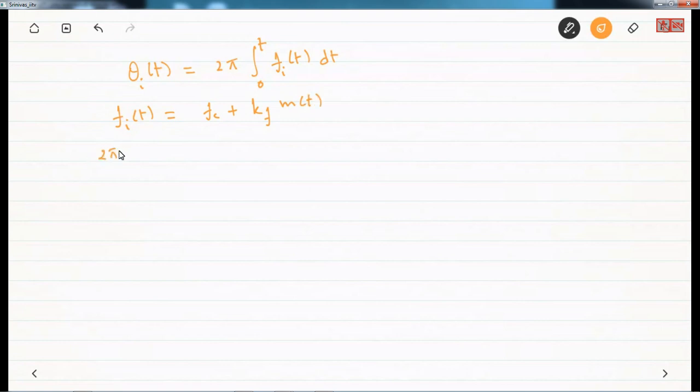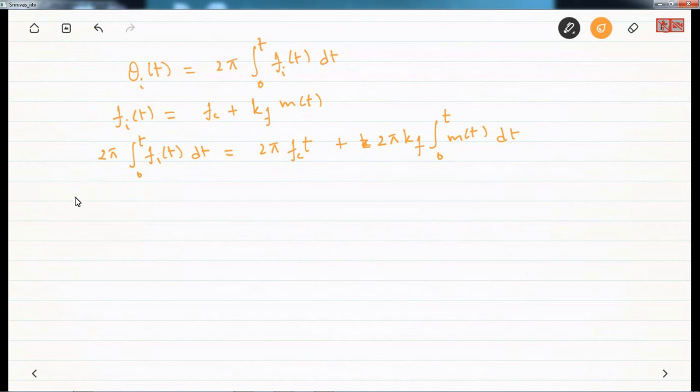So if I integrate this, 0 to t fi of t dt is 2 pi into fct plus 2 pi into kf integral of m of t dt. Right. So this is nothing but theta i of t.